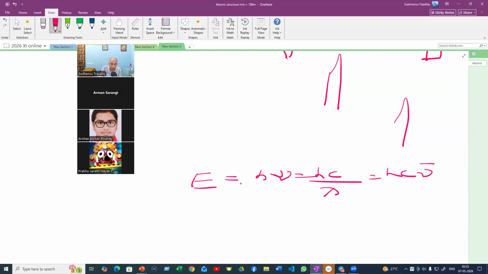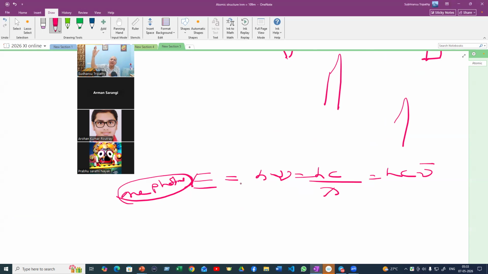It is for one photon. But for multiple photons, in questions you will be asked, this much energy was absorbed by a certain element. How many photons did it absorb? Because it absorbs only in photons: 1, 2, 3, 4, 5, 6. Discontinuously, you count how many photons it is absorbing or emitting.